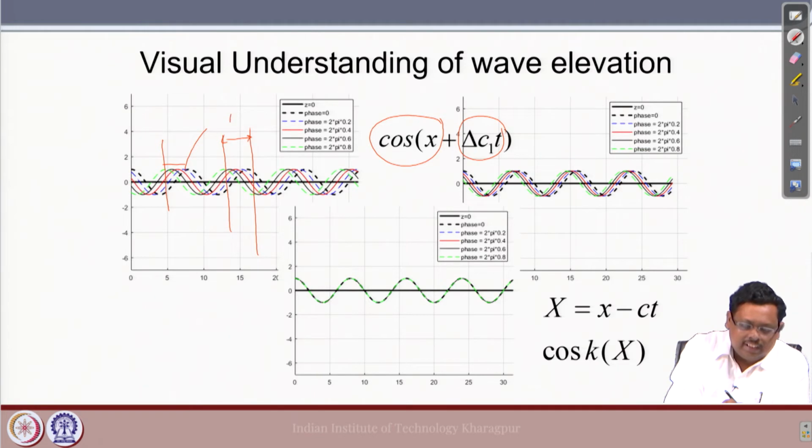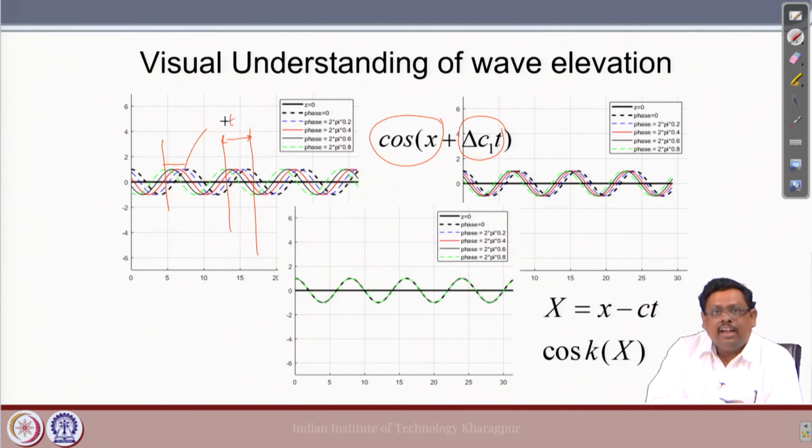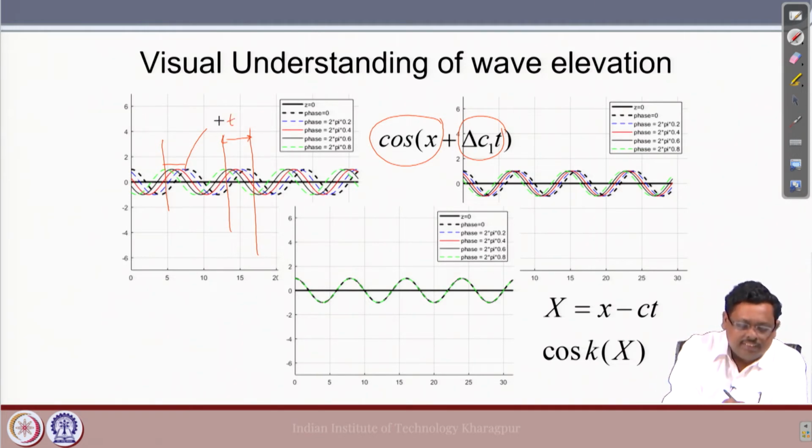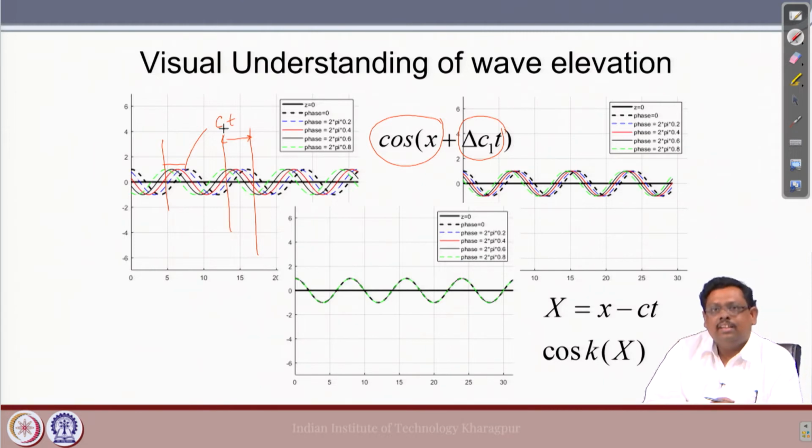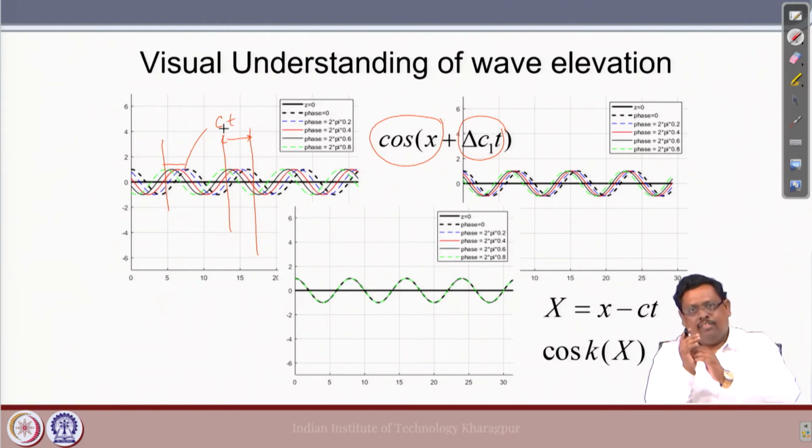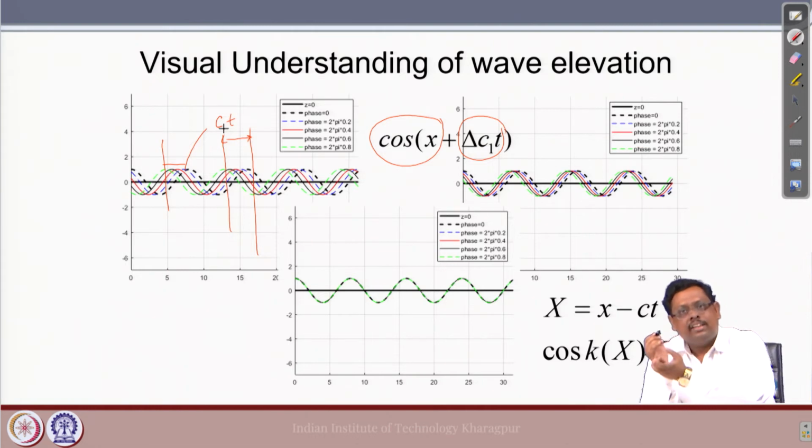If I take the time t, then this distance is definitely c into t. So, after time t the wave travels c into t distance.